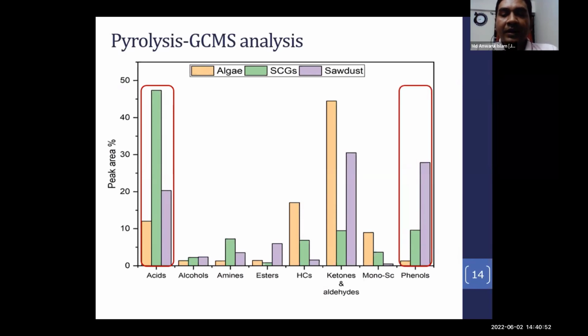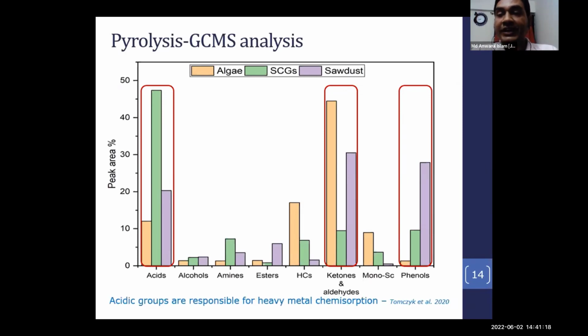Similarly, when it comes to phenol, the sawdust has given the highest phenol compounds. Then for ketones or aldehydes, algae has given the maximum. These acidic functional groups, the phenols and acid compounds, are mainly responsible for heavy metal adsorption.